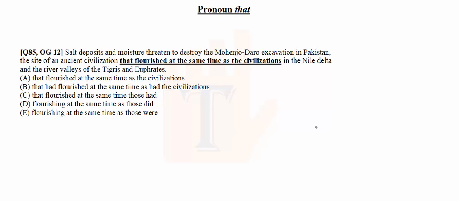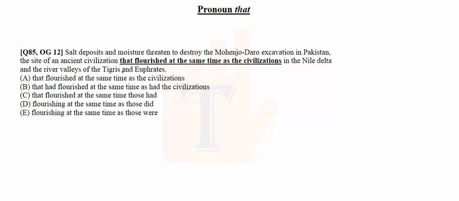Okay, so let's read the question. The sentence says, salt deposits and moisture threatens to destroy the Mohenjo-daro excavation in Pakistan, the site of an ancient civilization that flourished at the same time as the civilizations in the Nile Delta and the river valleys of the Tigris and Euphrates.